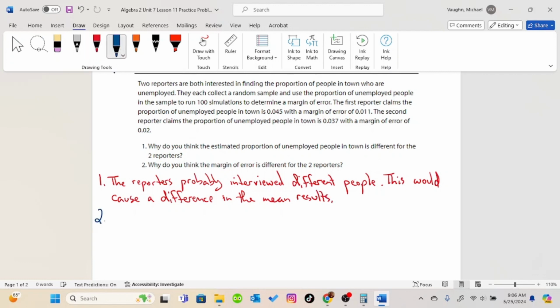For number 2, why do you think the margin of error is different for the two reporters? The first reporter probably interviewed more people, giving them a smaller margin of error.